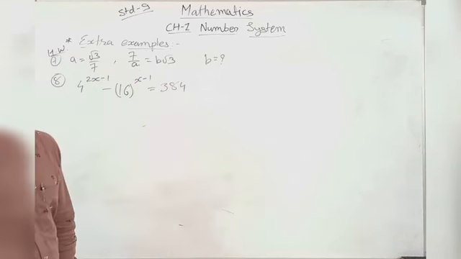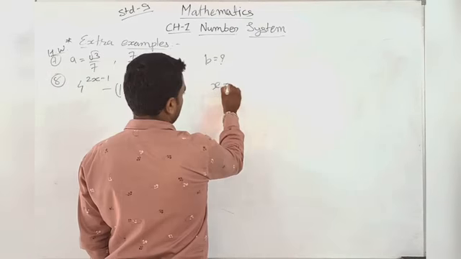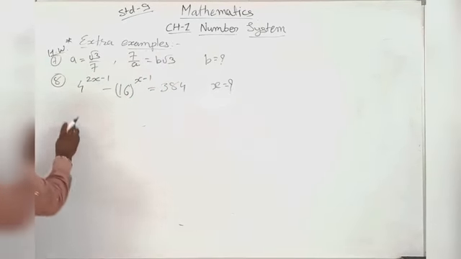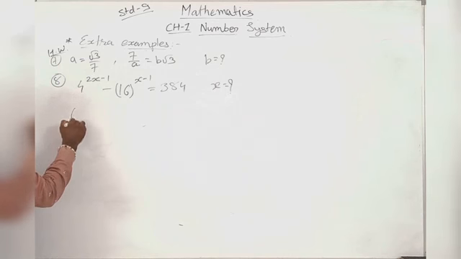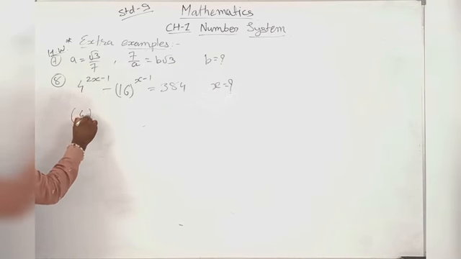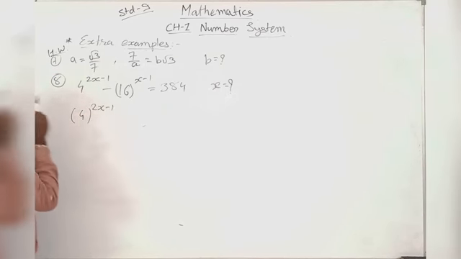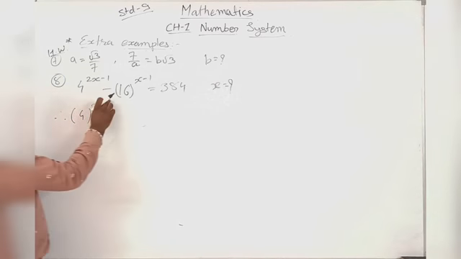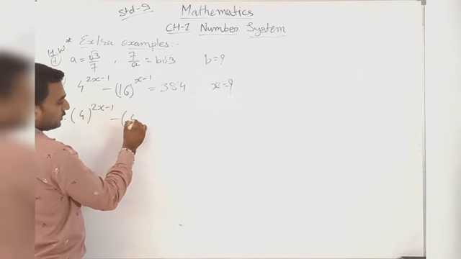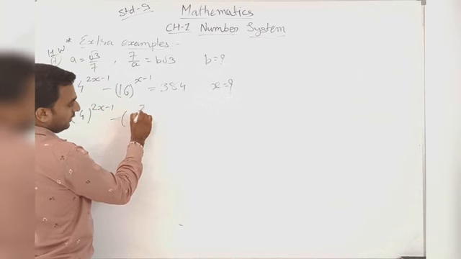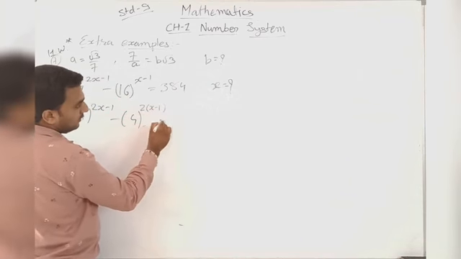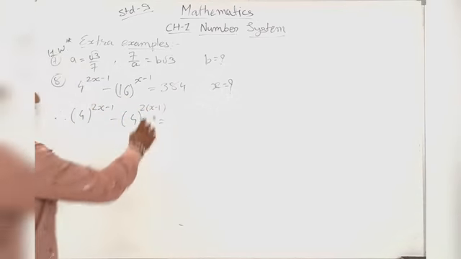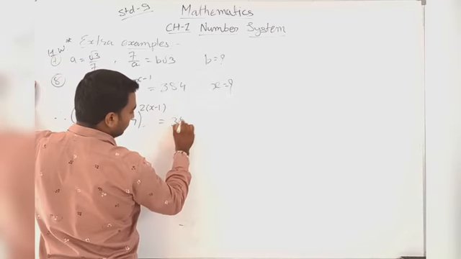Then find out the value of x. So this is your question. Now see here, we know that this is the 4 raised to 2x minus 1 power, and here we know that minus 16, that is nothing but 4 raised to 2 power, and here x minus 1 is already given, and here we know that this is the 384.